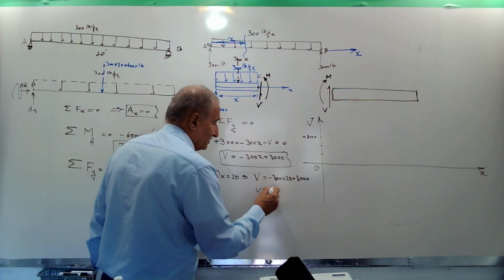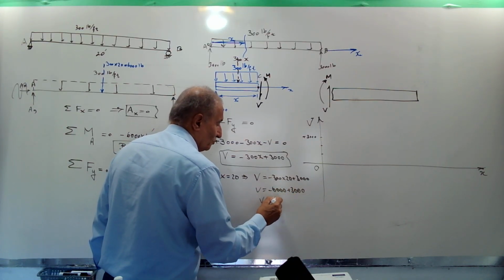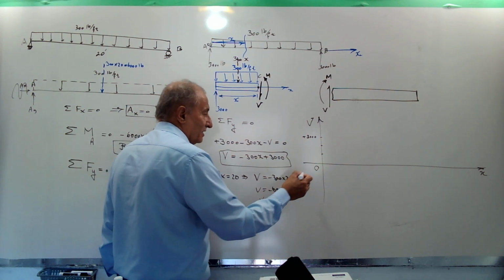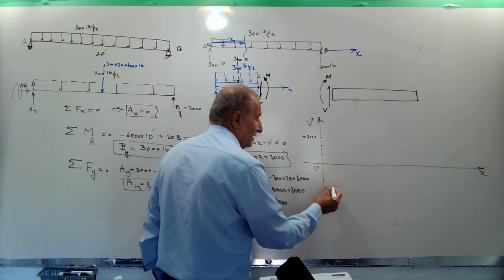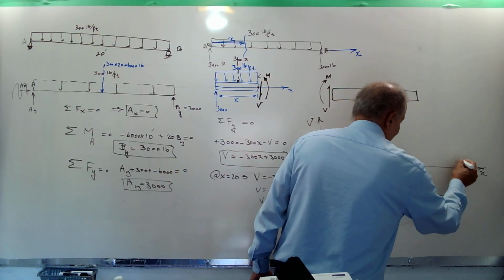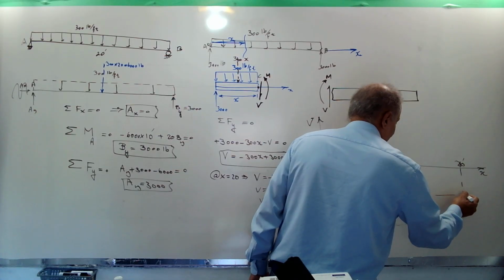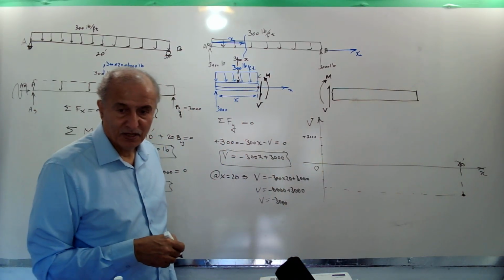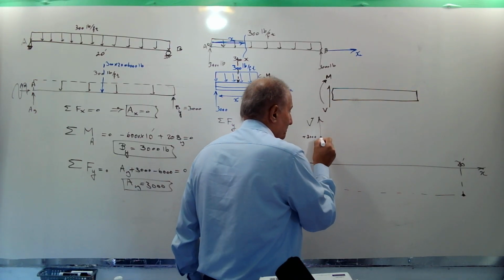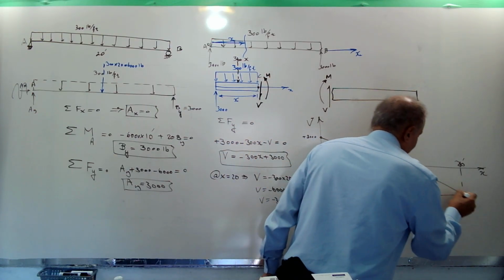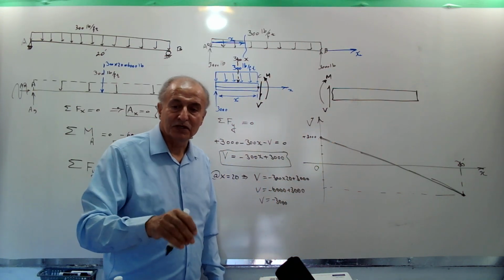V is minus 6000 plus 3000. V is equal to minus 3000. Then choose minus 3000 here at x equal to 20. That's a point. If you attach these two points together, that's the shear force diagram.